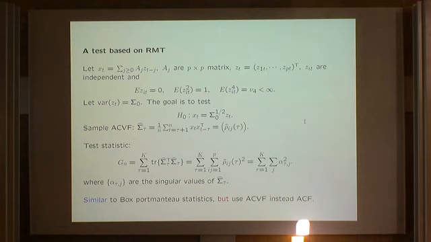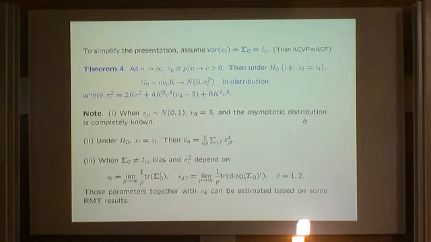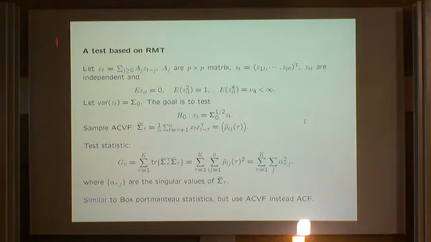We just talked about white noise without assuming any kind of structure. Here we need a clear structure. The time series we are concerned with is a linear process. Xt is a constant matrix A times Zt, and those Zt are independent.